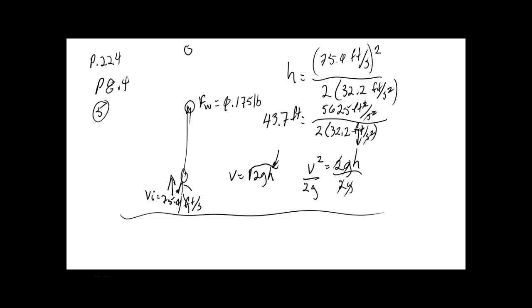It's got to be more than 43. Okay, did you divide by 32.2 or? It'll be 44 because when you round it up. Tell me what you divided by. 5625 divided by 64.4. Is that what you did? Yes, sir. And this is what it gave me. Okay, this doesn't seem right.